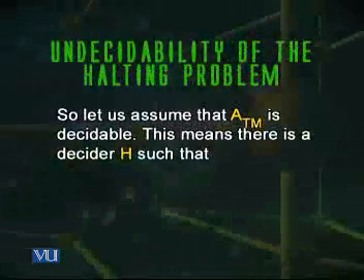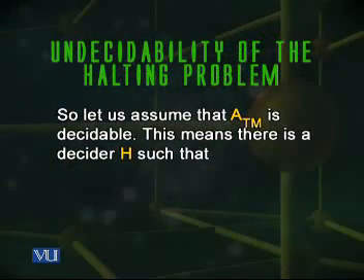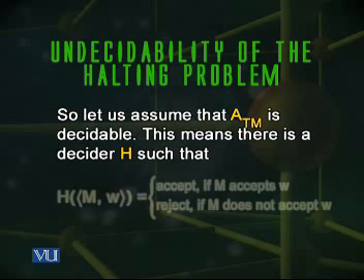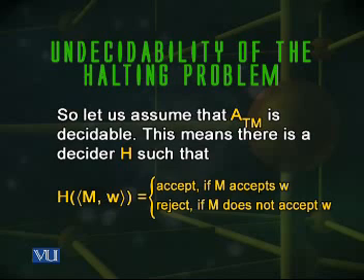That means we will have a Turing machine, let's call this H, for this hypothetical Turing machine, which decides ATM. So if I give H an input M comma W, it will accept M comma W if M accepts the string W. It will reject M comma W if M does not accept the string W.